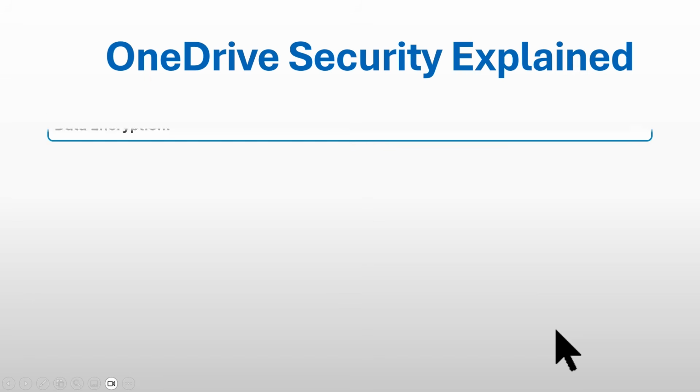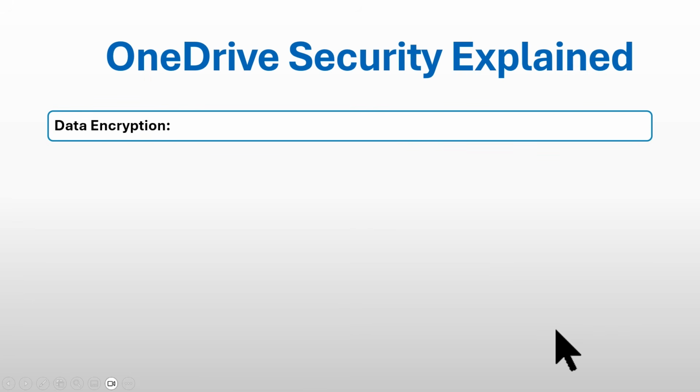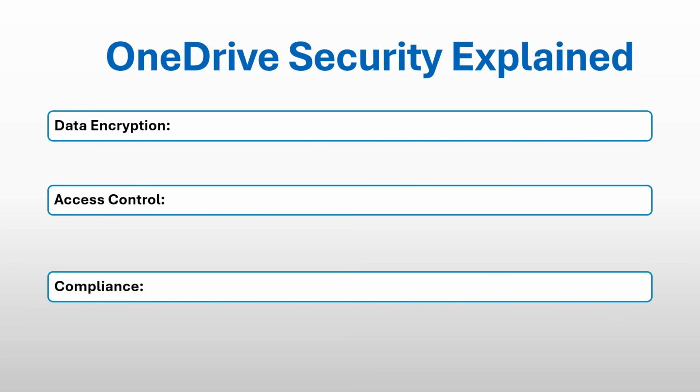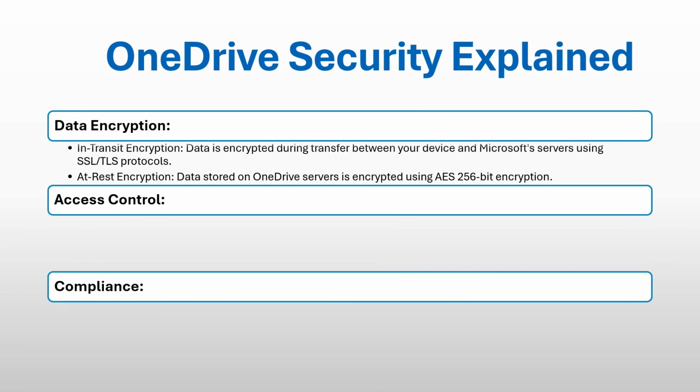So the first one is that we'll take a look at how OneDrive encrypts your data. We'll take a look at access control, and we'll take a look at compliance. So these are different terms that you want to kind of focus on and get some information on for your business. So as far as data encryption, OneDrive uses in-transit encryption.